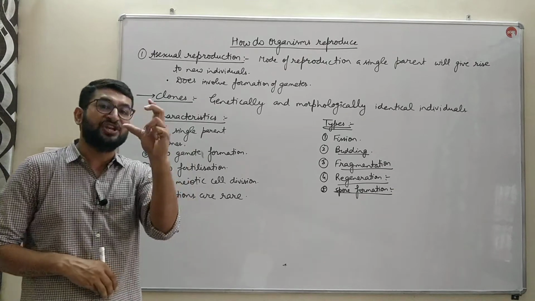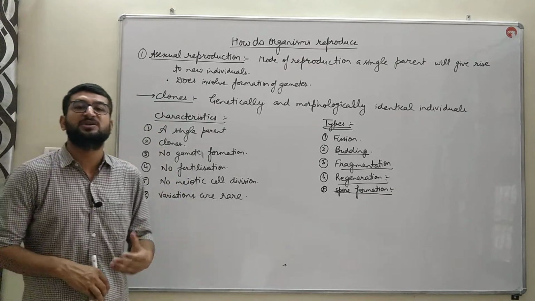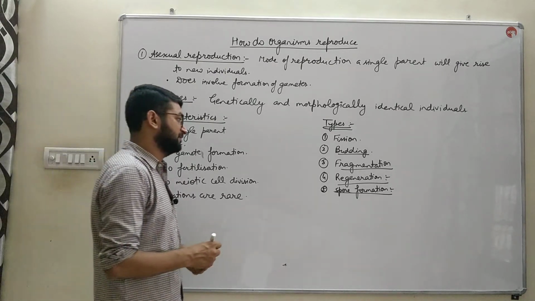So these tiny microscopic reproductive units, which will give rise to a new organism, which will give rise to a young one, are known as spores.